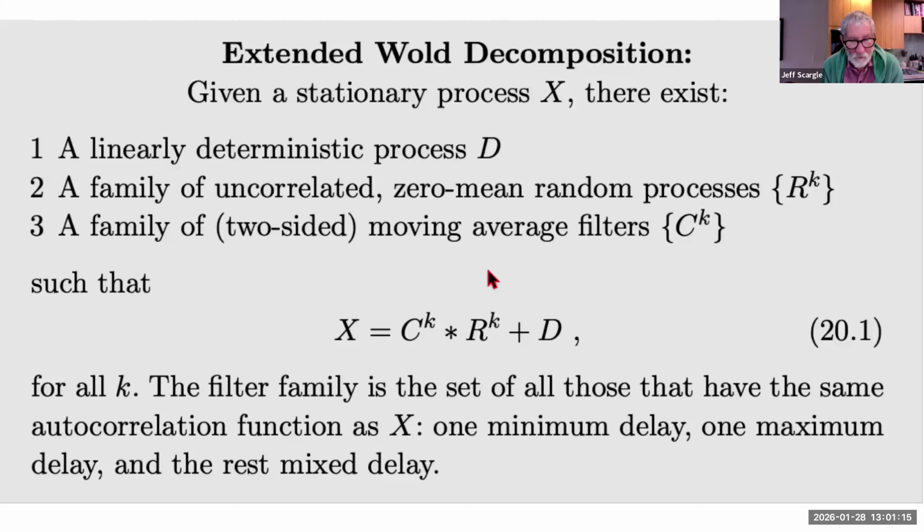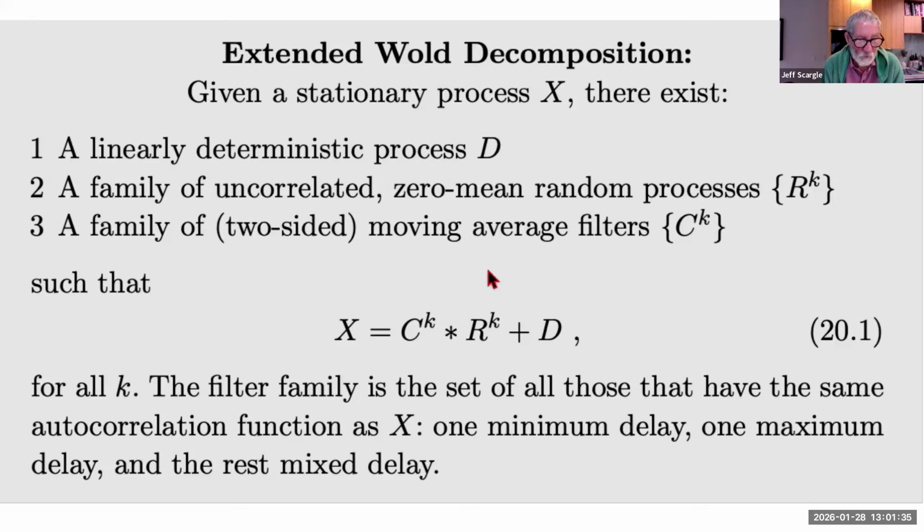One of them is minimum delay, one is maximum delay, and the rest are mixed delay. So I think this is obviously true. It's just taking this formalism and looking at the Wold decomposition and how it works.